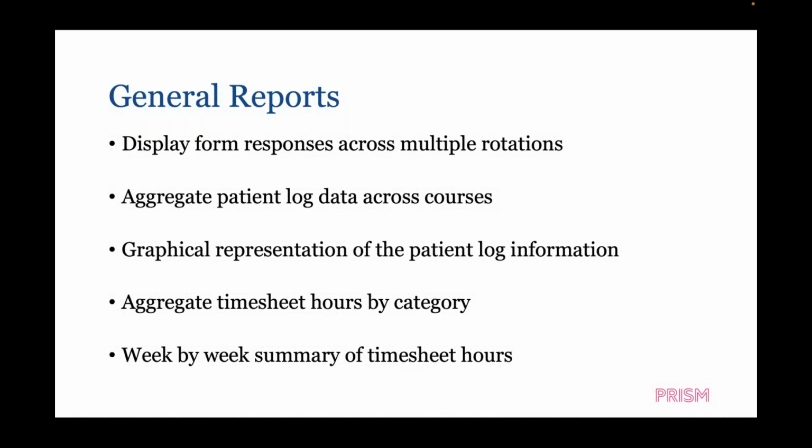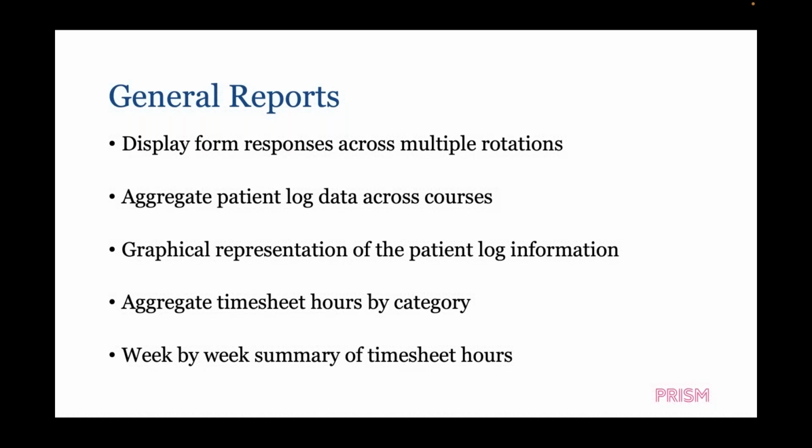We also have reports where you can pull the graphical representation of the patient log information. And if you are using timesheets, you can aggregate the timesheet data according to the categories, and you also get a week by week summary of the timesheet hours. So this is in general the types of reports that we currently have in Prism.